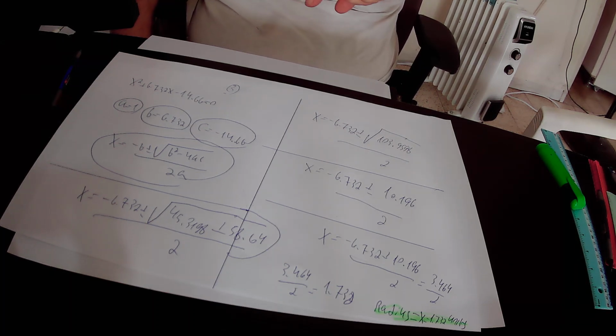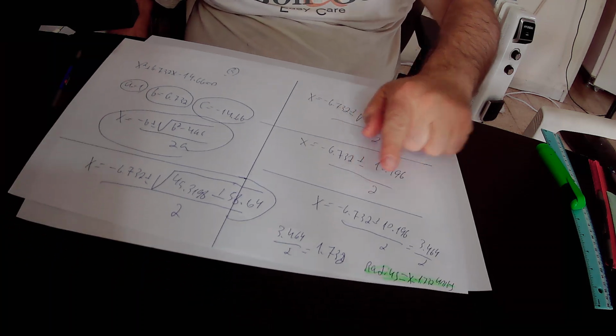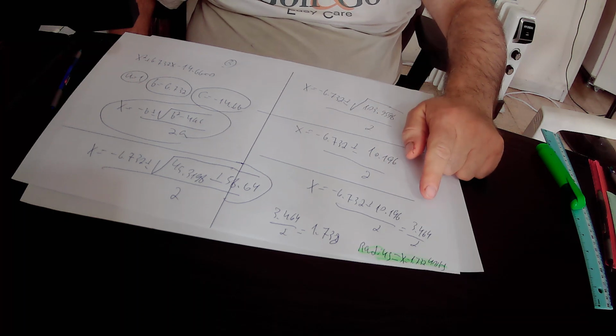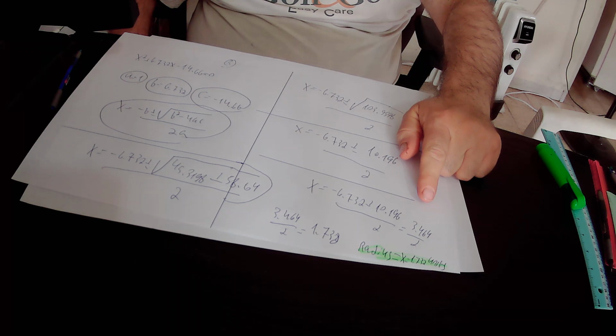The positive solution is x equals minus 6.732 plus 10.196 over 2, that is 3.464 divided by 2, which is 1.732.